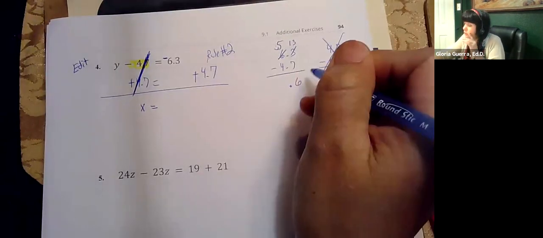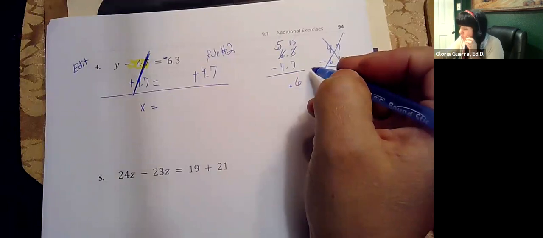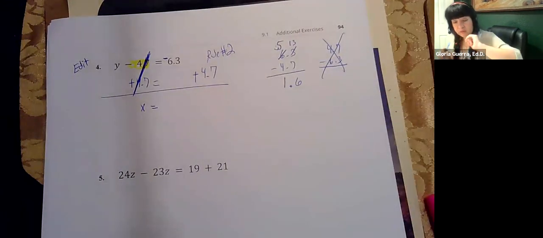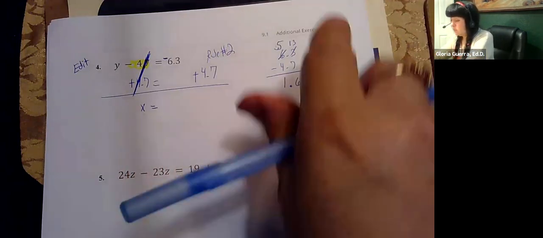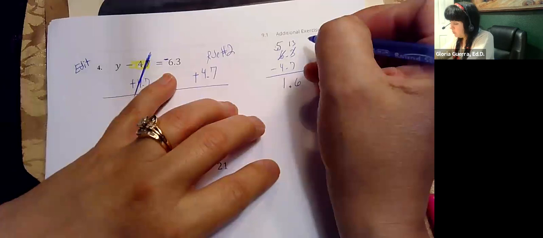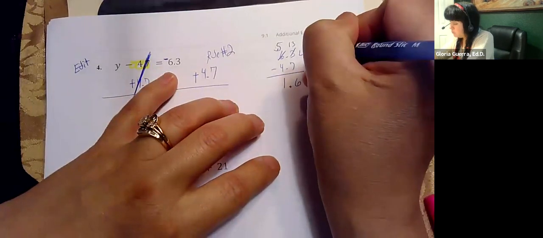And 5 minus 4 is 1. So 1.6. You want to keep the sign of the number with a bigger absolute value, so that would be the 6.3. You make that larger.